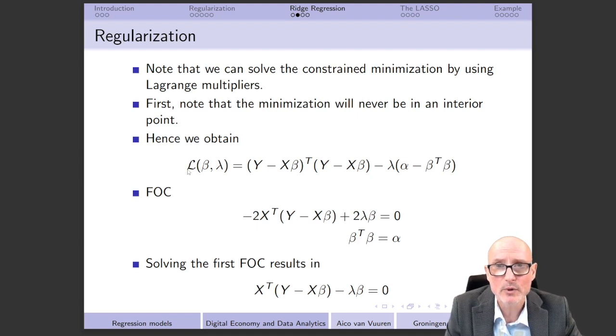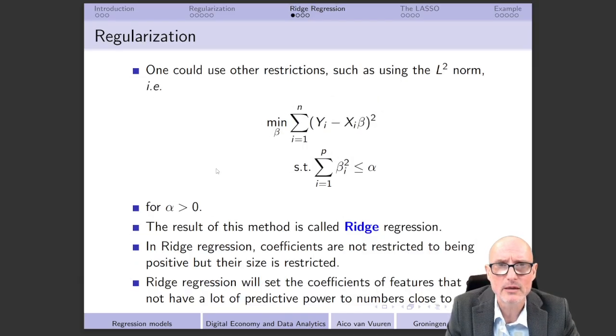For that we are going to introduce a new function that I denote here by this calligraphic L. It's going to be a function of the betas, of course, but apart from that, this lambda, where lambda is what we usually call the Lagrange multiplier. And then what we need to do is rewrite this sum of squared residuals.